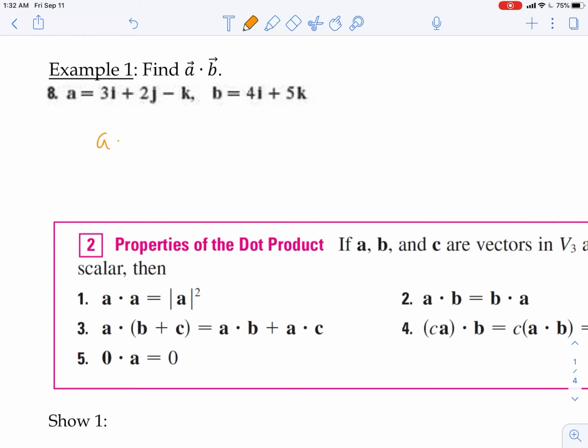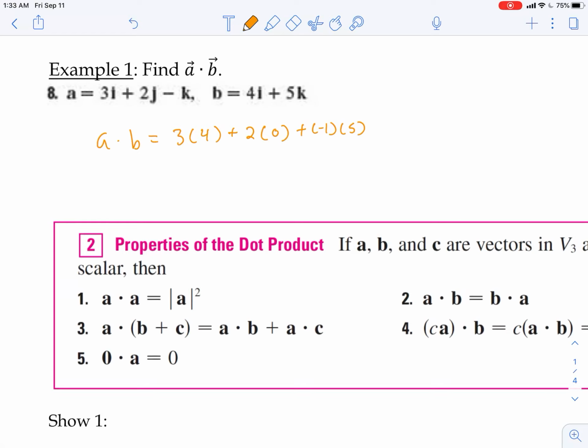So A dot B is equal to 3 times 4 plus 2 times 0, because there is no j in B, so it would have been 0j, plus negative 1 times 5.